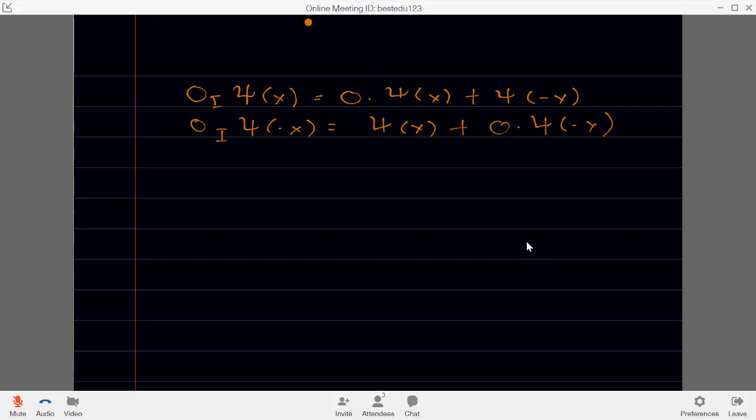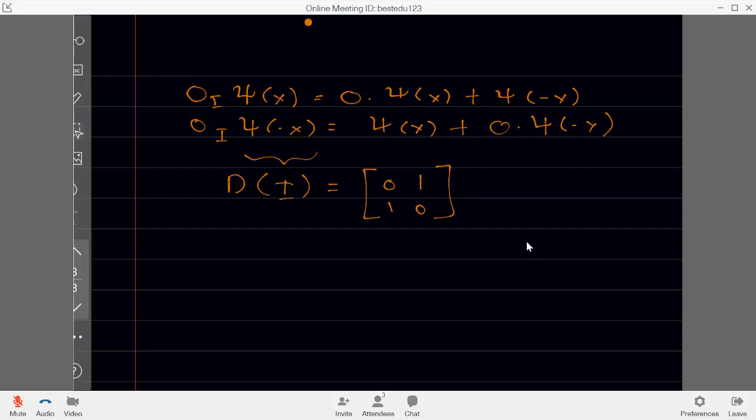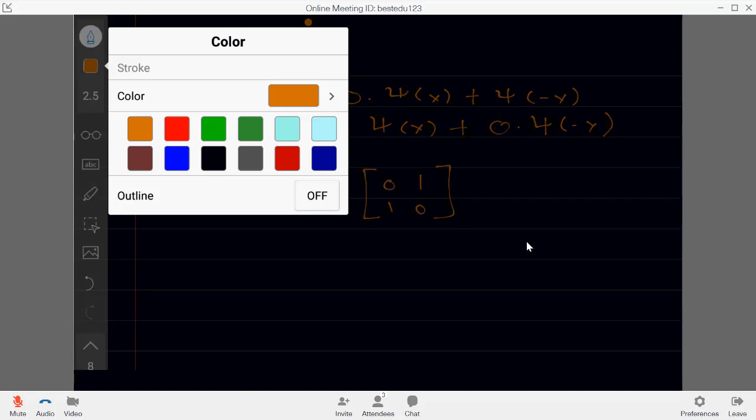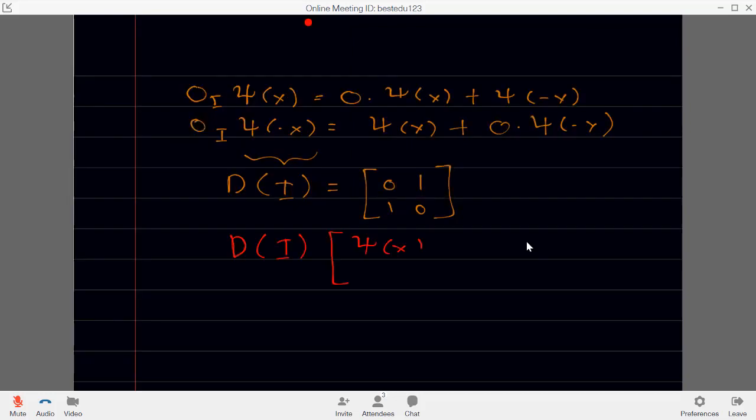So using this basis, now I can form a matrix representation of I, which is 0, 1, 1, 0. And as I said earlier, you can give a quick check that when you have the matrix representation of your inversion operator and you act on psi of x and psi of minus x, on the other side you should get the correct result, which you are getting. Here you will get psi of minus x, and here you will get psi of x.